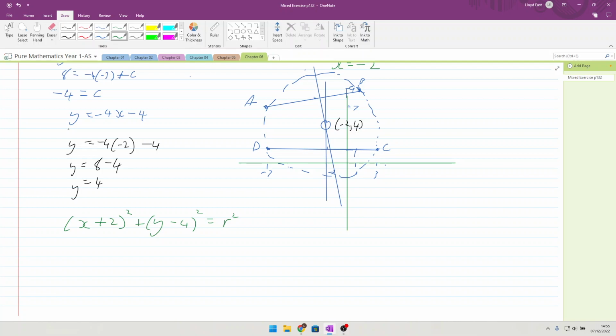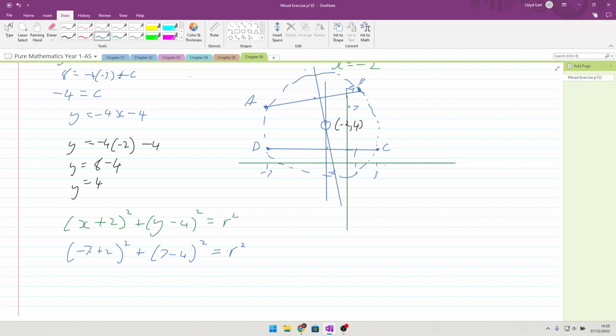So now choosing any of the points that we started with, let's go for A at (-7, 7). We can do minus 7 plus 2 squared plus 7 minus 4 squared is equal to this. What's that?